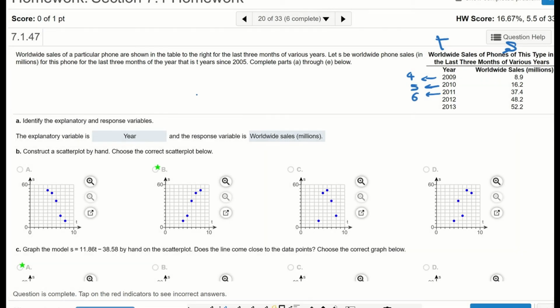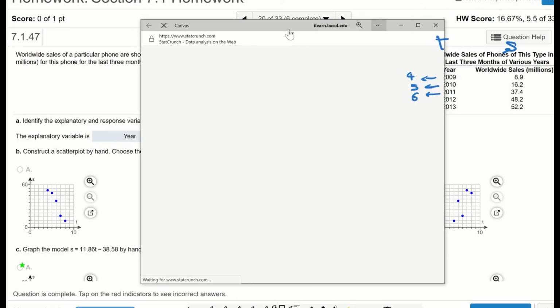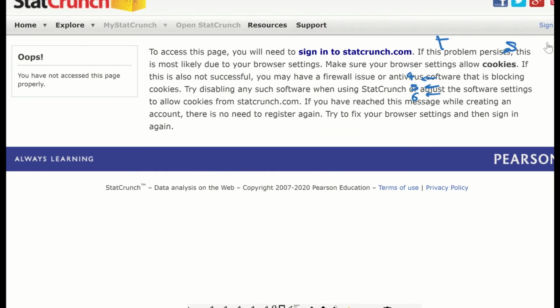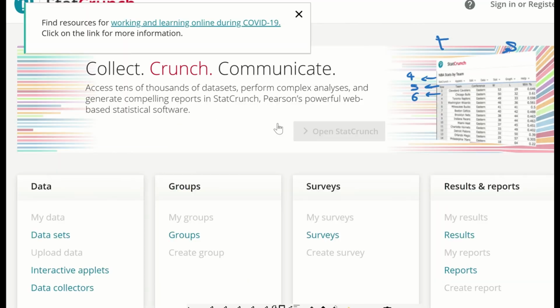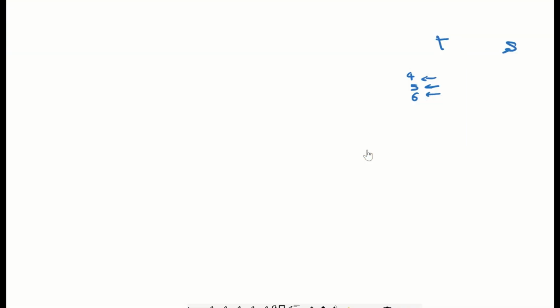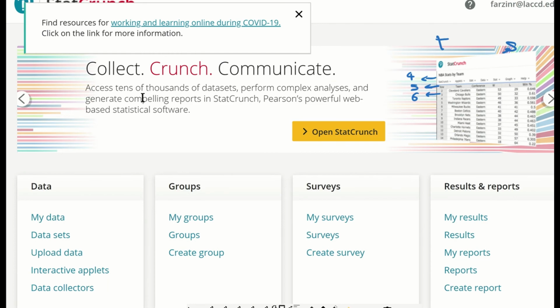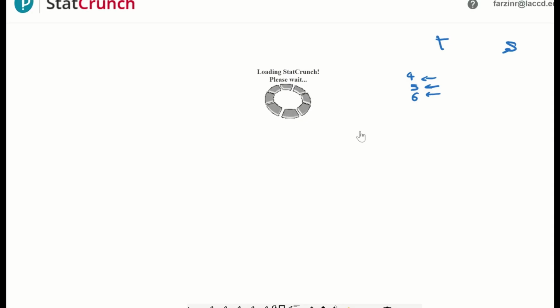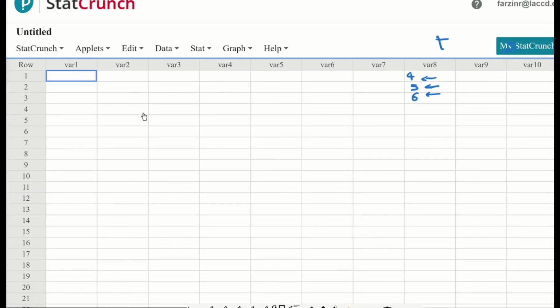Okay, so if you just take this data into StatCrunch, let's go ahead and sign in. You should be able to get that very quickly.